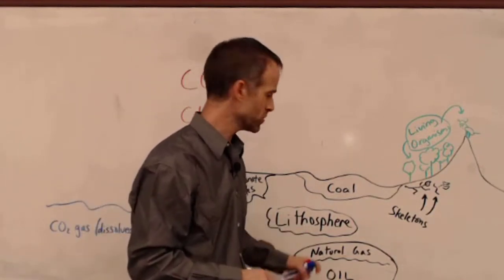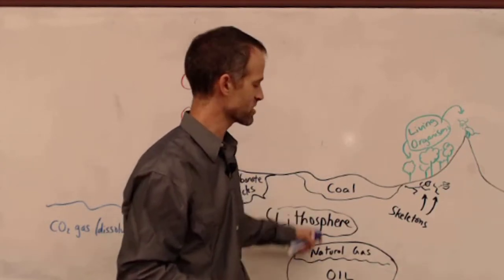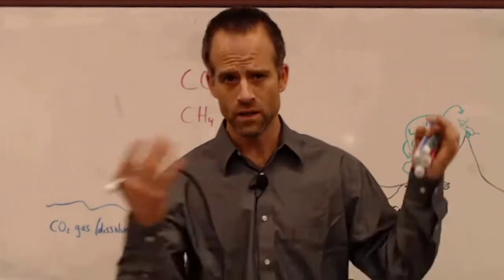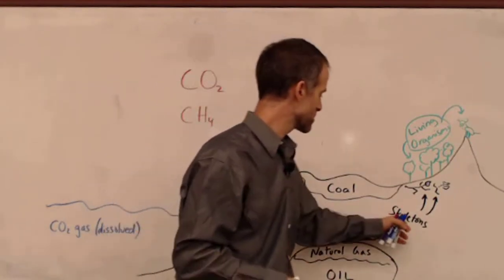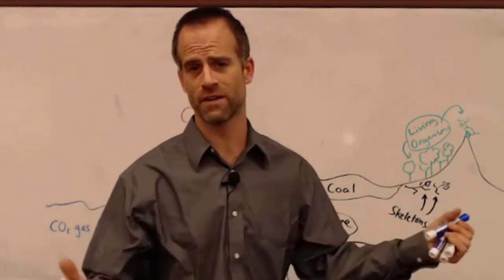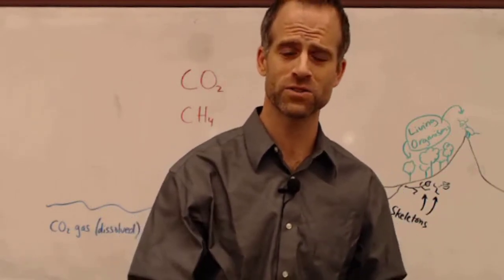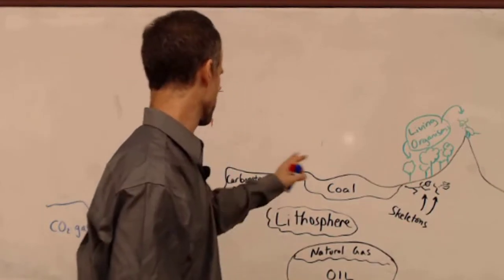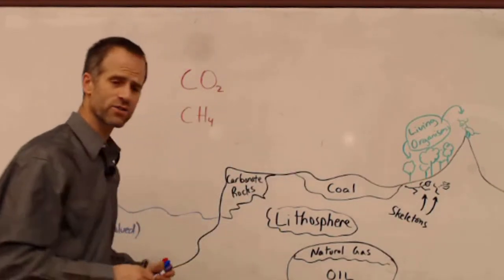Also, as fossil fuels, we can have coal, which is a solid, and we can have oil and natural gas stored in the earth. That's from fossils from a long time ago. We can have it stored as skeletons of animals. Now, that's not probably a humongous percentage of the stored carbon in the earth, but there it is. That's in the lithosphere.